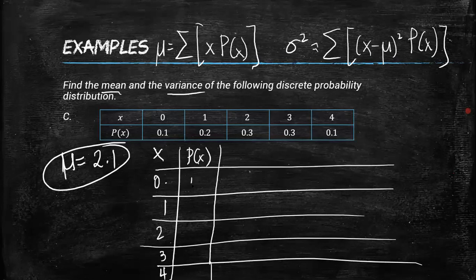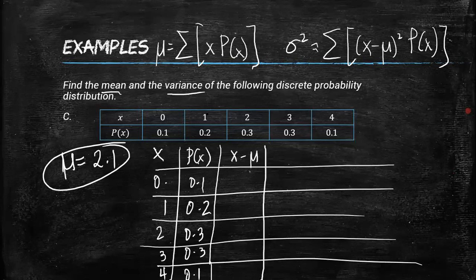Tapos P of X natin is 0.1, 0.2, 0.3, 0.3, 0.1. Okay? And then, X minus mu, may mu na tayo, di ba? So we have negative 2.1, negative 1.1, negative 0.1, and then 0.9. Tama ba? Okay. And 1.9.